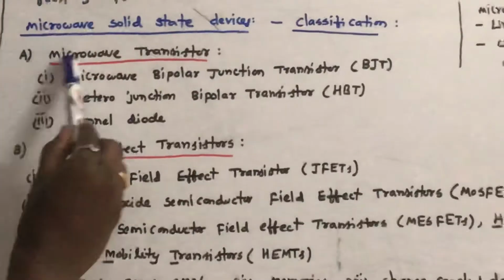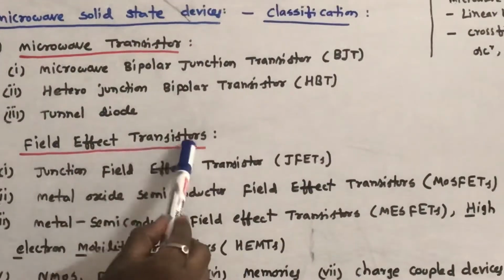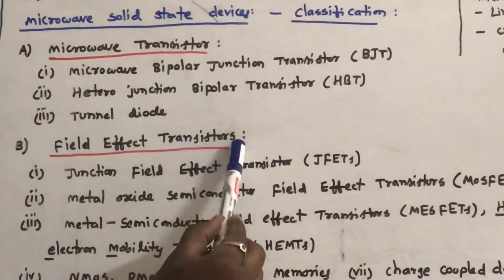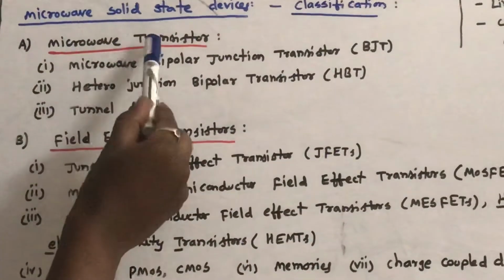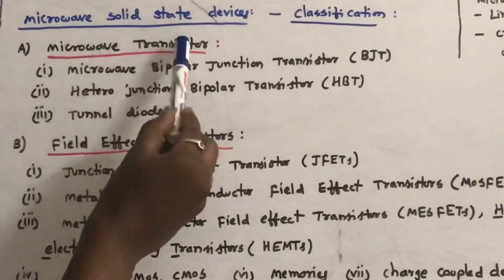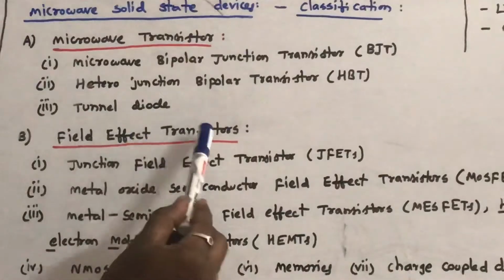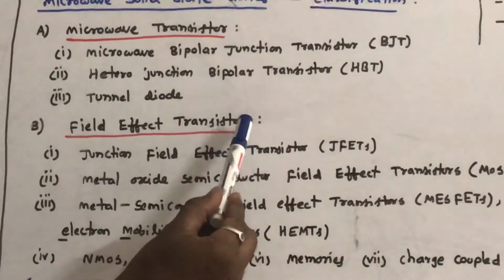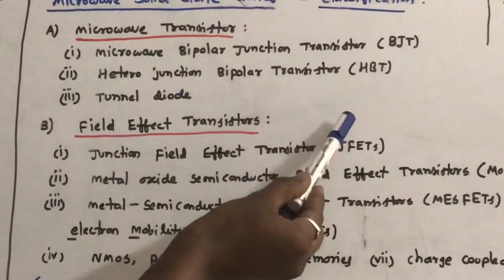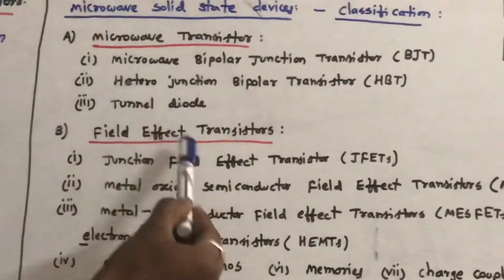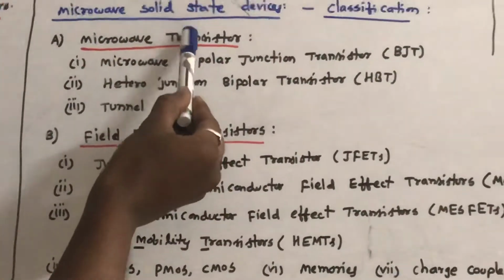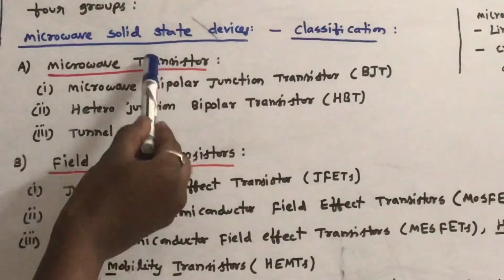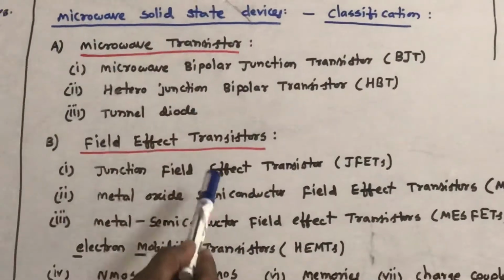The microwave transistor and field effect transistor we have studied in the previous classes, but the construction of the microwave transistor and microwave field effect transistors is slightly different from what we studied earlier, because these transistors operate at microwave frequencies.